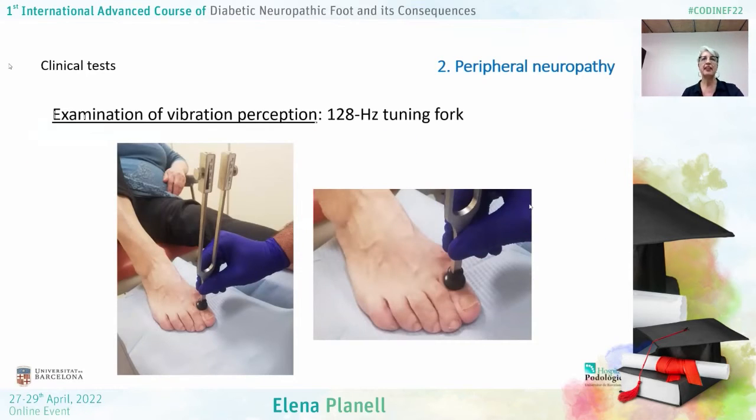Vibration perception is tested on the dorsal side of the distal phalanx of the great toes, just proximal to the nail bed. It can also be tested at the medial malleolus. The tuning fork should be placed perpendicular to the foot at a constant pressure with the patient's eyes closed. The examination is repeated twice, and there should be at least one sham application in which the tuning fork is not vibrating.